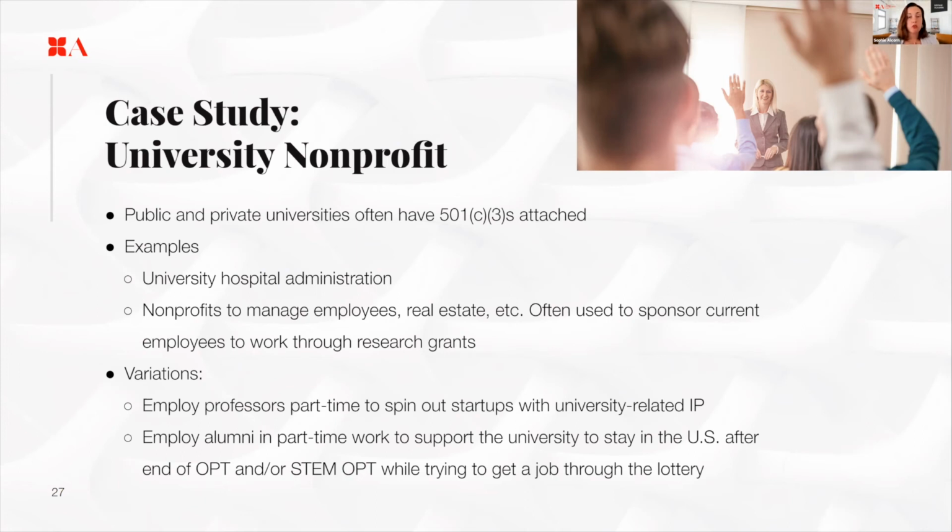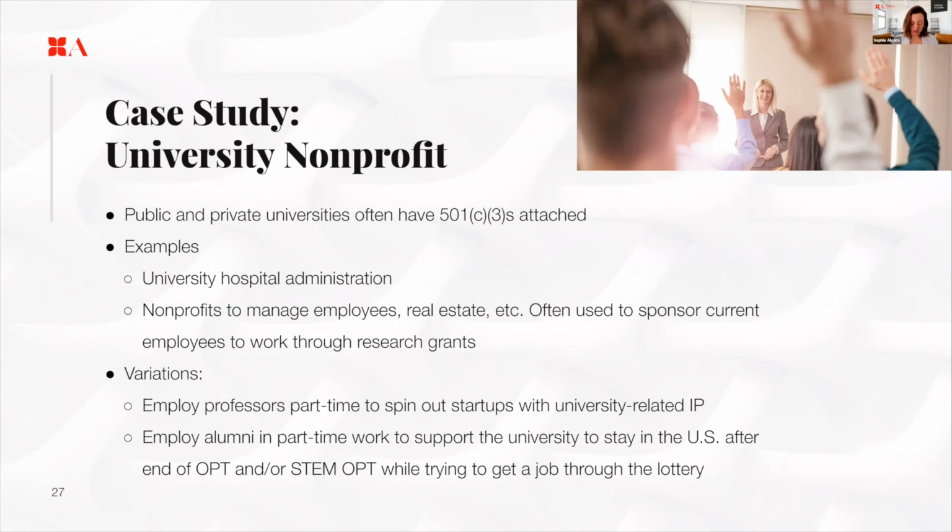So this nonprofit affiliated with the university could perhaps hire the professor for one of their research projects that they got a grant to manage, and then sponsor the professor for a Cap-Exempt H-1B. Then the professor could get a second concurrent H-1B with any intellectual property they've created, where they have some sort of licensing agreement with the university, where they would go create a startup and get a second concurrent H-1B, perhaps to be the chief technology officer of this startup. So that's one way to do it in academia.